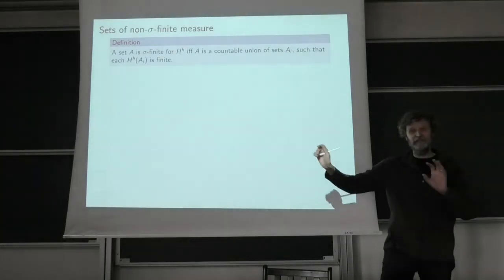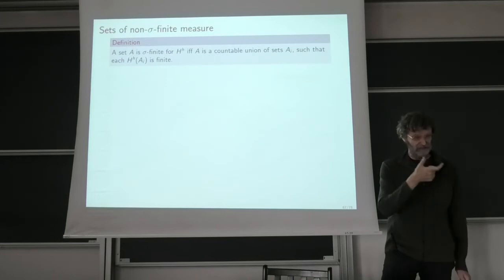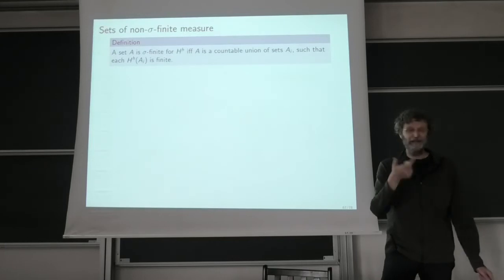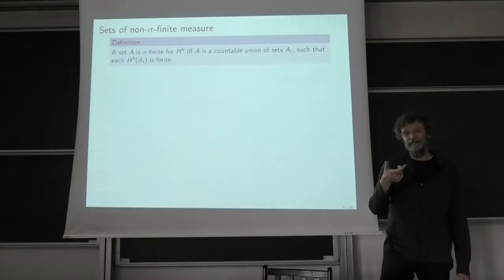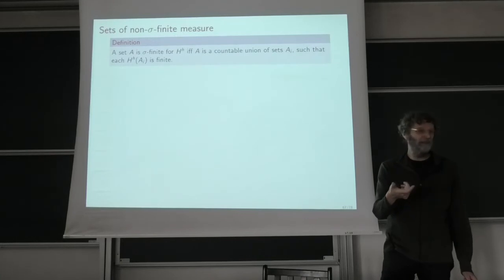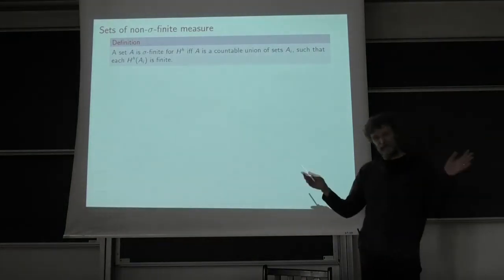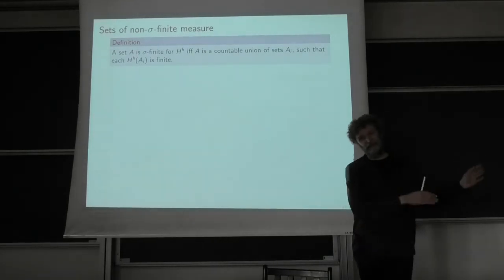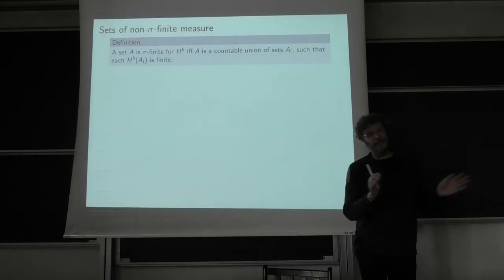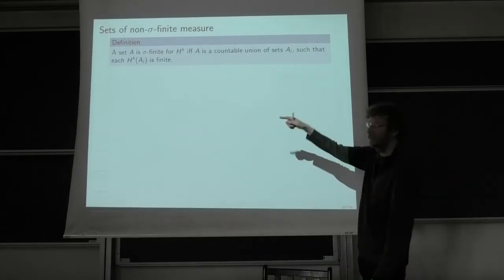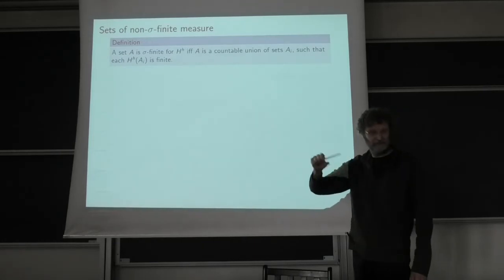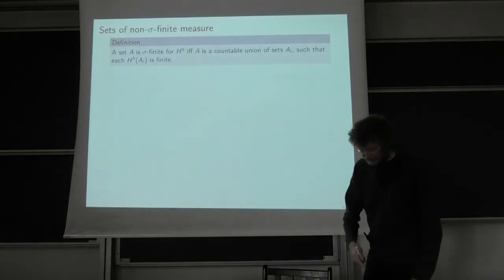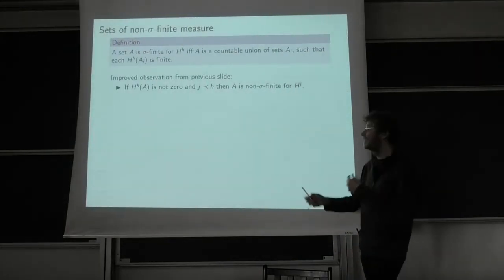There's a countable decomposition of the real line into sets, and each set has finite measure. The measure of an interval from 0 to 1 is 1. So you can take the real line, and it has infinite measure, but you can break it up into countably many pieces. Each piece has finite measure. That's called being sigma finite. Sigma for countable, and each piece in the countable thing has finite measure. So that's sigma finite.